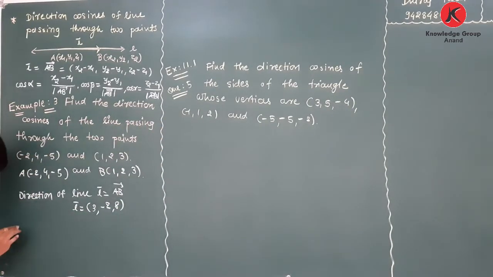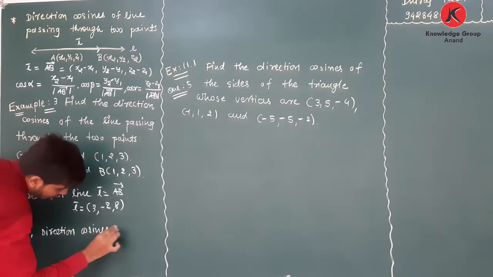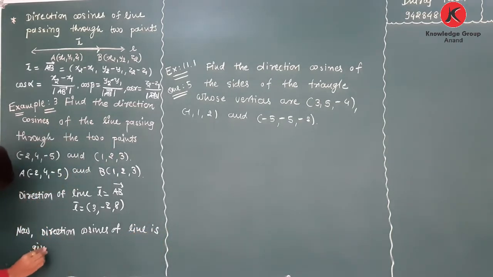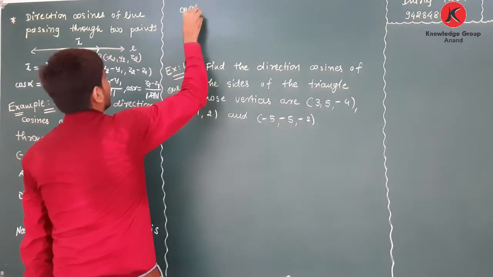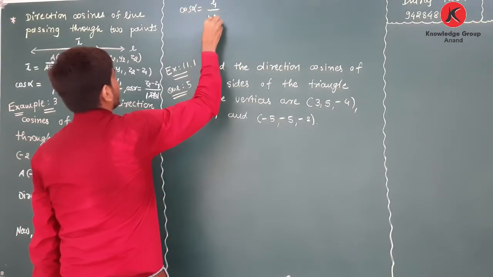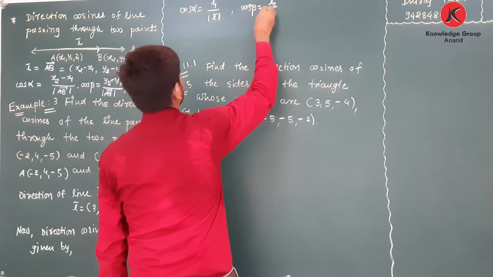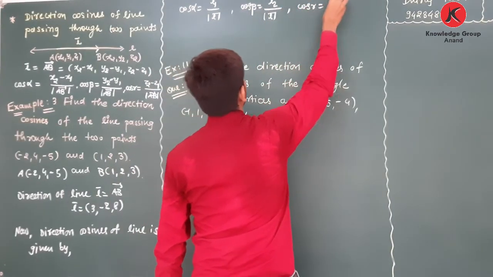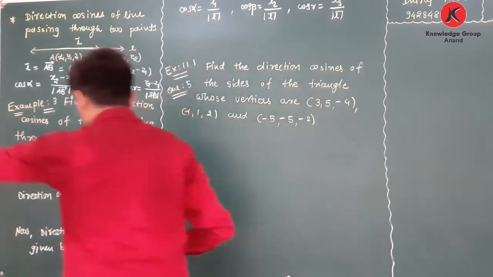Now the direction cosines of the line are given by cos alpha equals L1 upon the magnitude of vector L, cos beta equals L2 upon the magnitude of vector L, and cos gamma equals L3 upon the magnitude of vector L. What is L1?